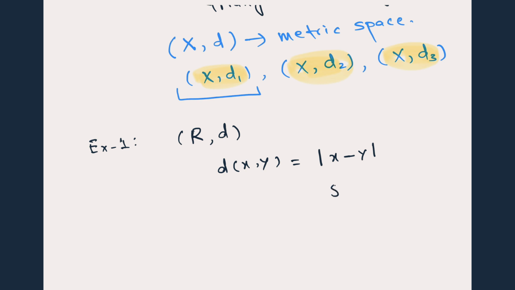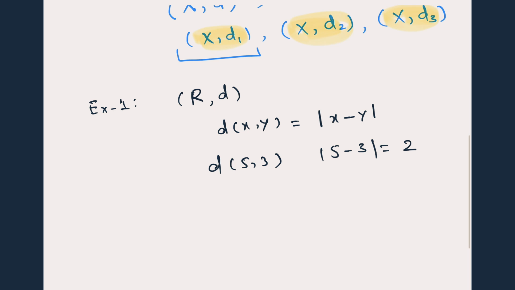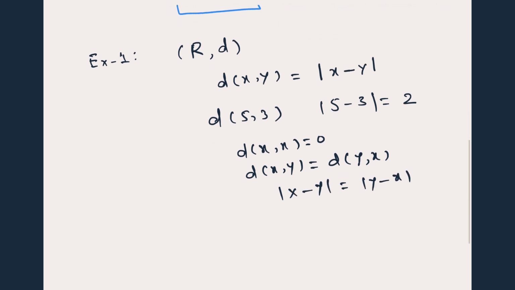For example, 5 minus 3 becomes 2. Let me verify whether it really forms a metric. You can easily see that dxx is 0, similarly dxy is equal to dyx, because x minus y in absolute value is equal to y minus x.